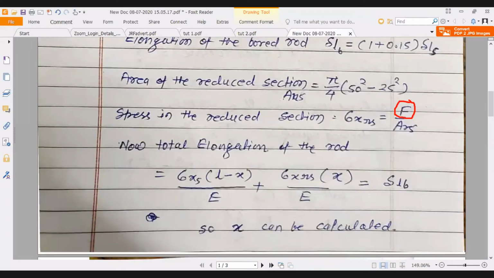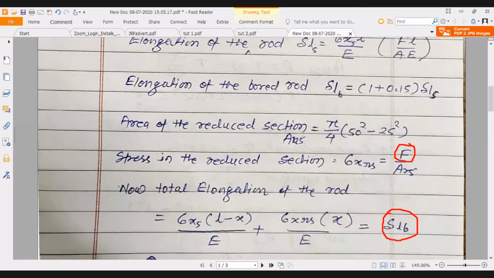For the solid one, the length is reduced by some amount x, so the new length is L minus x, and for the bored section it is represented by x. This parameter is already calculated over here and here.